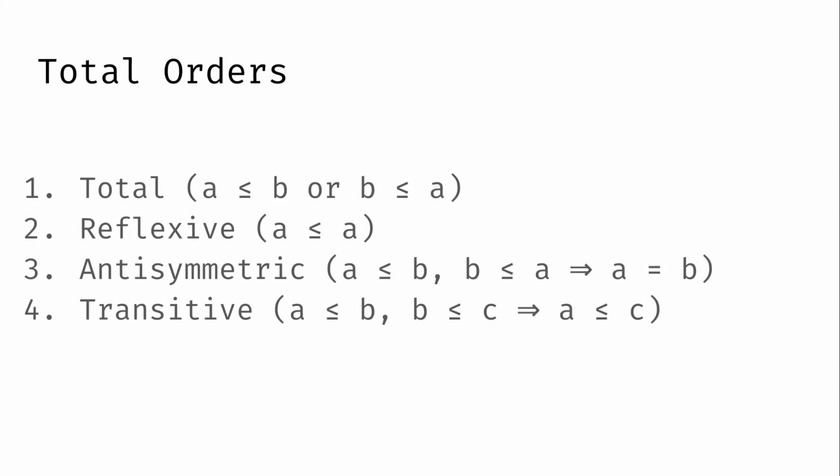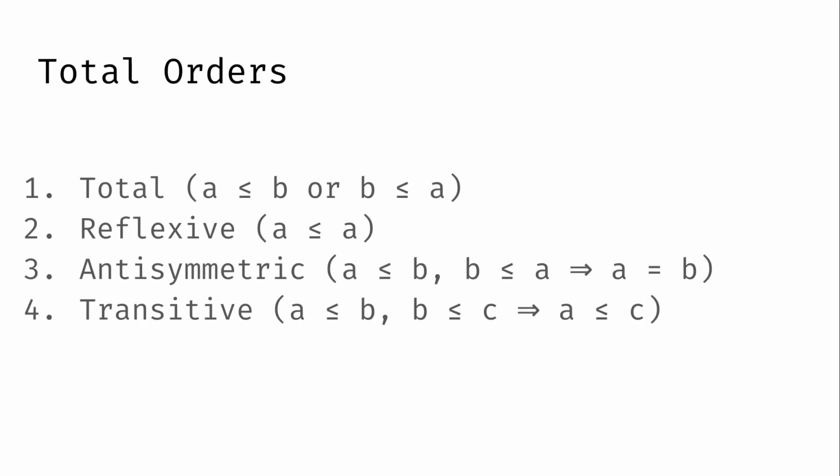It's reflexive, it's anti-symmetric, so if you have both ways, then they're equal. And then it's transitive. So if you have A less than B, B less than C, that implies A is less than C. These are properties we usually would expect for comparators.